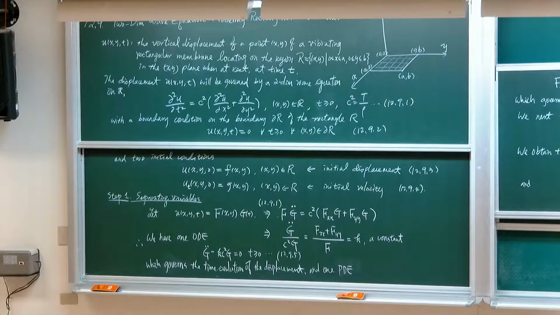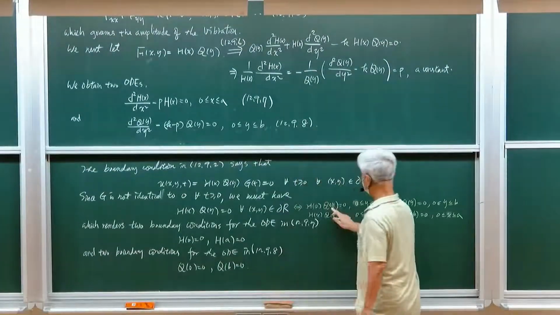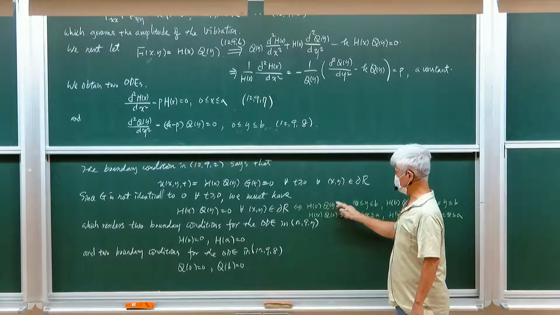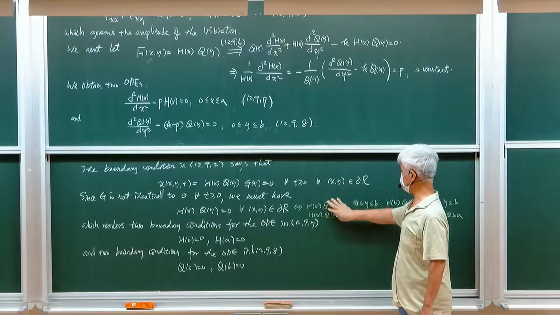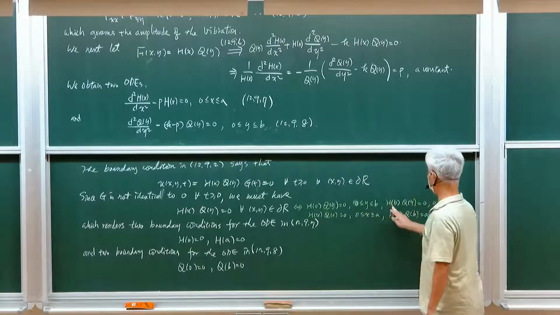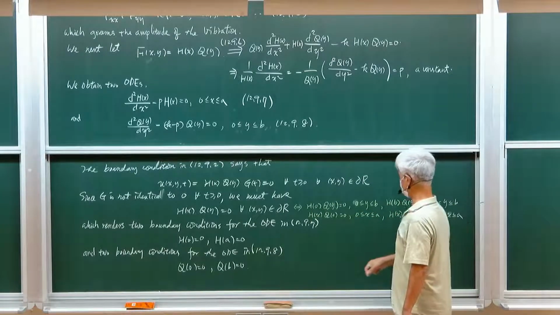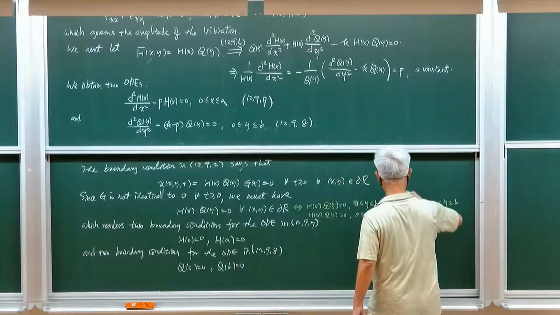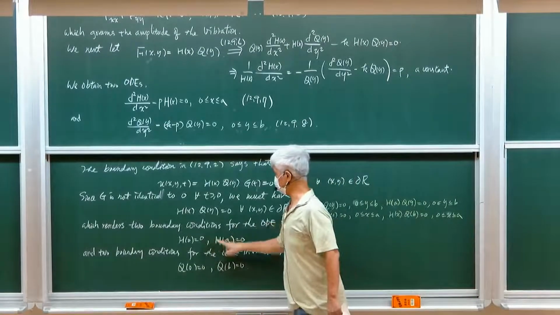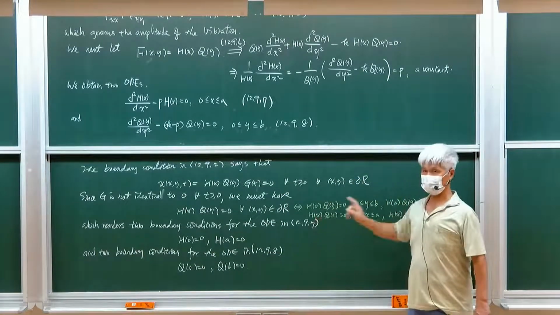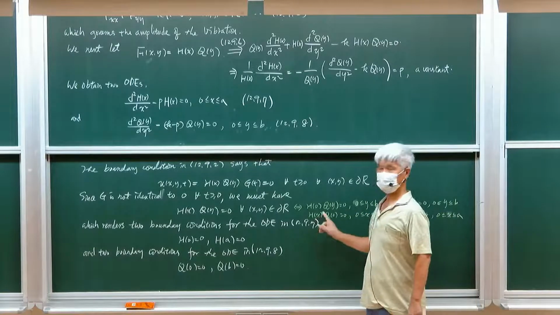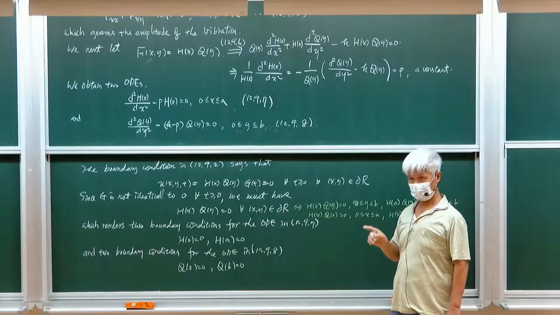When q(y) is not identical to 0, it means that for some y0, q(y0) is not equal to 0, and so h(0) is 0, and h(a) is also 0. So this gives us these two. Similarly, h(x) cannot be identical to 0 for all x between 0 and a.